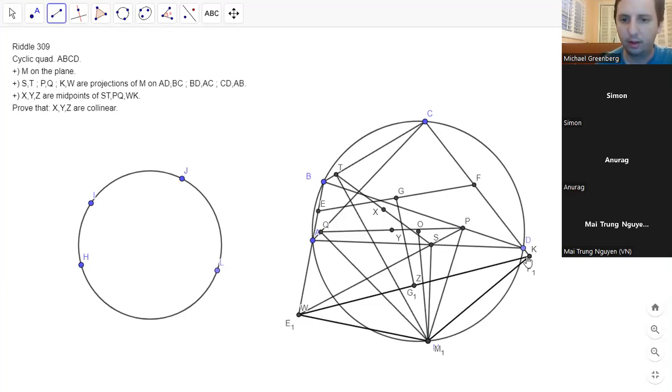What triangle is that the Simson line for? That would be ADB, right? Yeah. So W, S and P are collinear, and then W, Q, T. And is there one more?